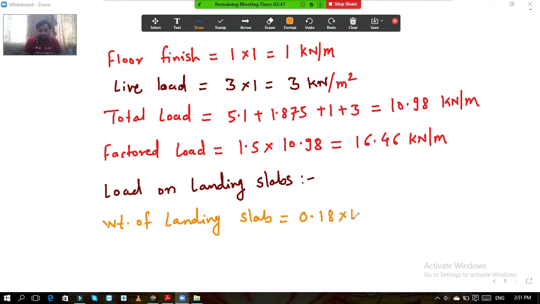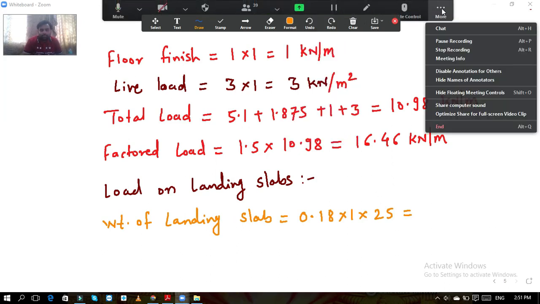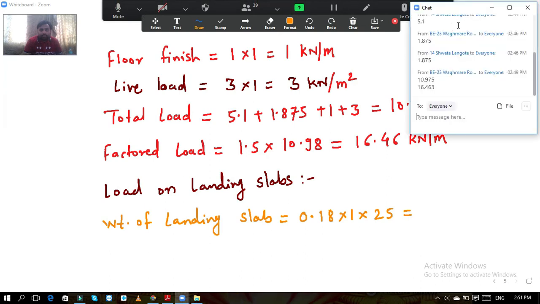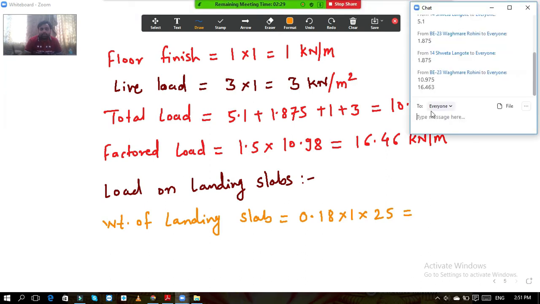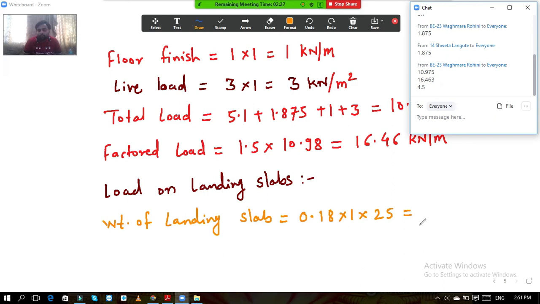You know that into 1 is there, and into 25. So if you solve, you will get the answer. What is the weight of landing slab? How much is it? 4.5 kilonewton per meter.